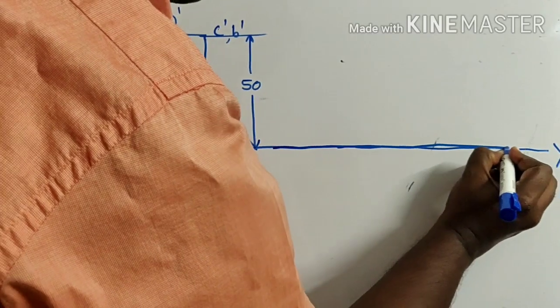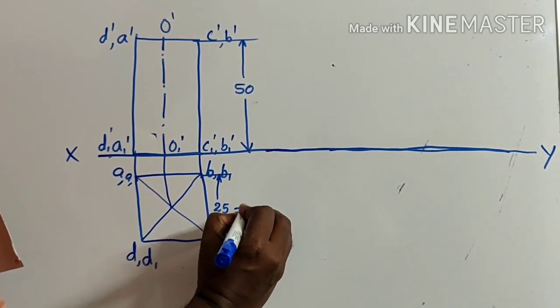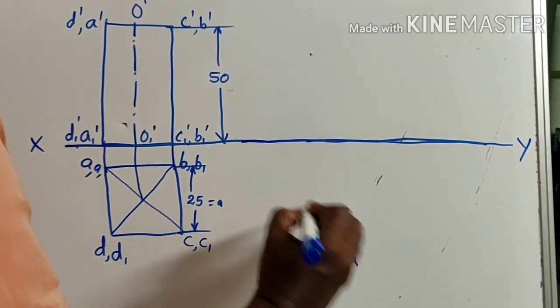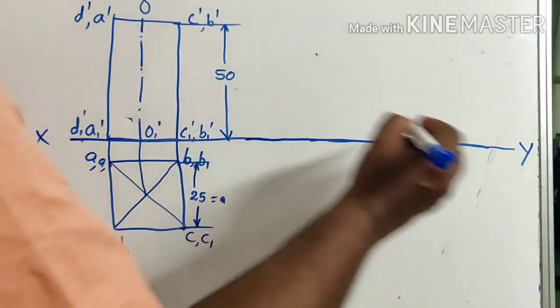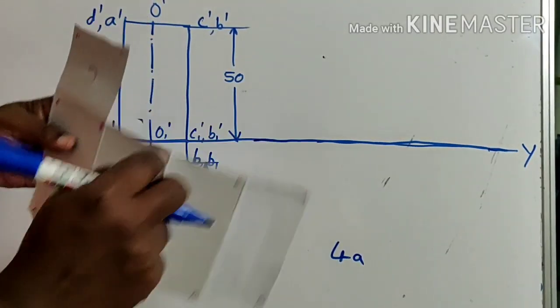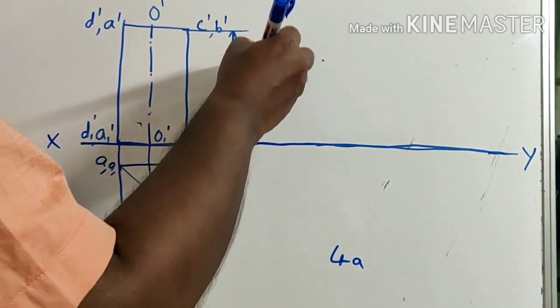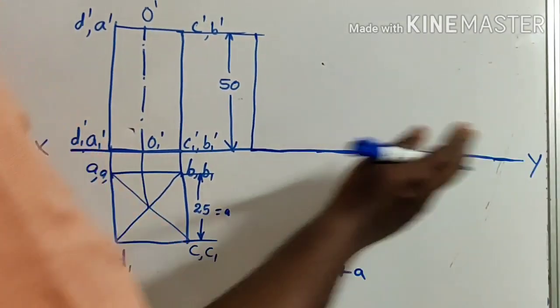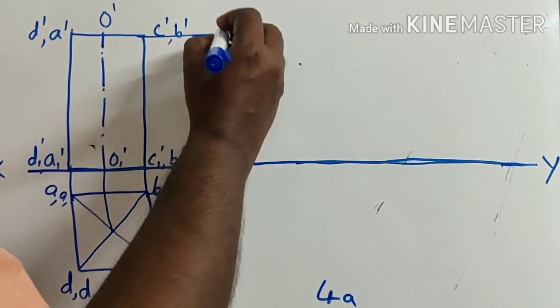That is, if this is A, I am going for 4A as the total length. Then there is no change in height. The same height you can utilize, so it is 50 itself. That's why we have taken an extended XY line.